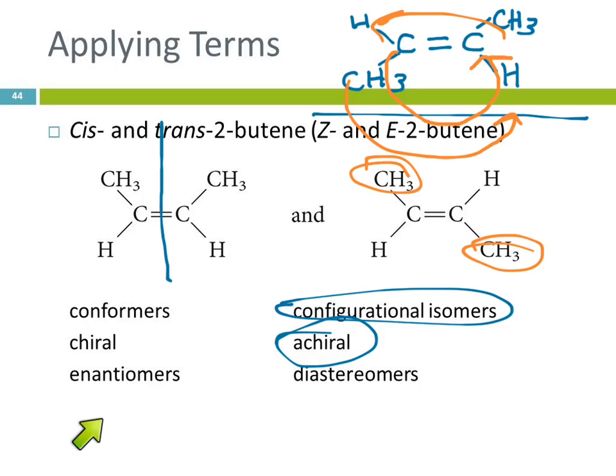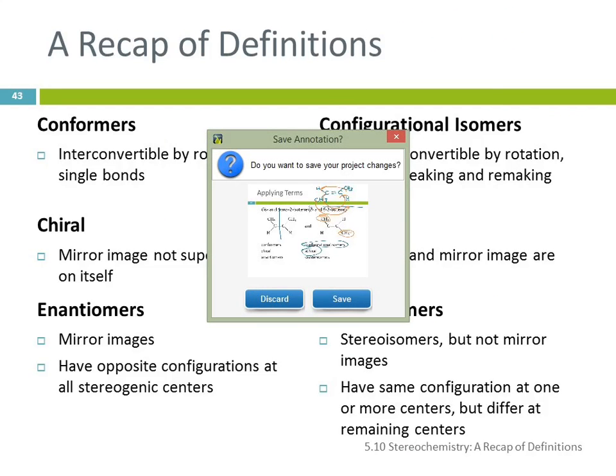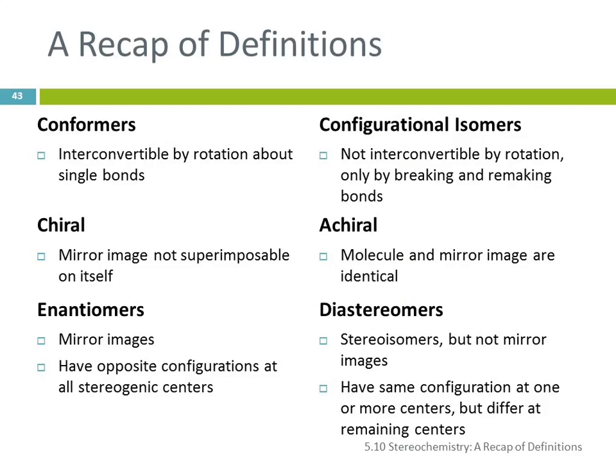Are these enantiomers, this one and this one? Are they mirror images? Is this the mirror image of that one? No. Let's just refresh our memory on the definition of the diastereomers. Fine. So diastereomers are stereoisomers, but not mirror images.